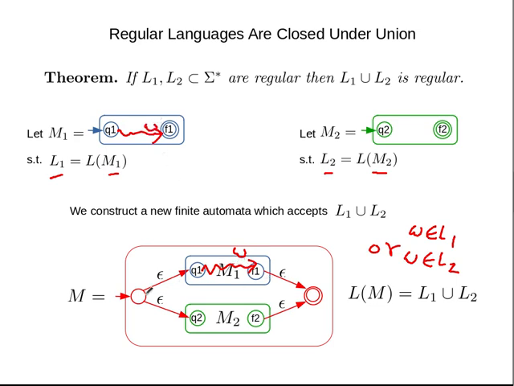And now you can also consider this epsilon transition before reaching there, and then this. So w is accepted here. Similarly, if w is in L2, it will be accepted via this route. So L1 union L2 is a subset of this language. So one direction is proved, but this is if and only if, as you can see.